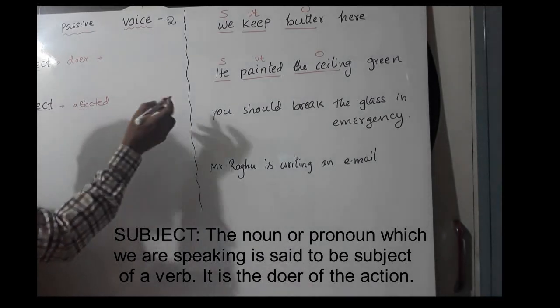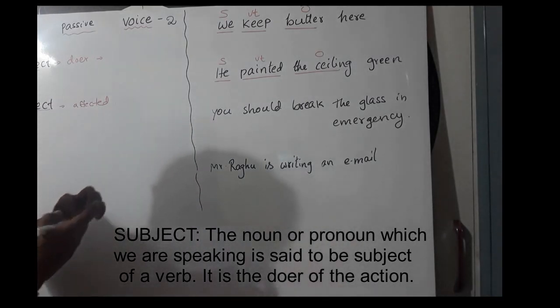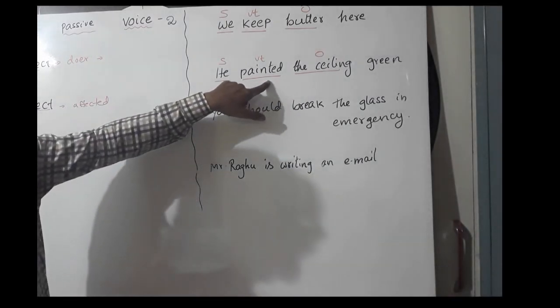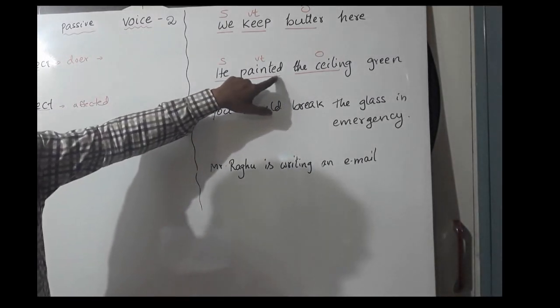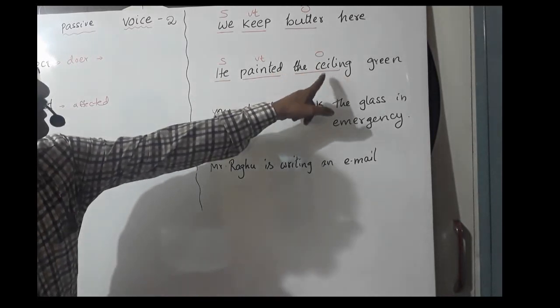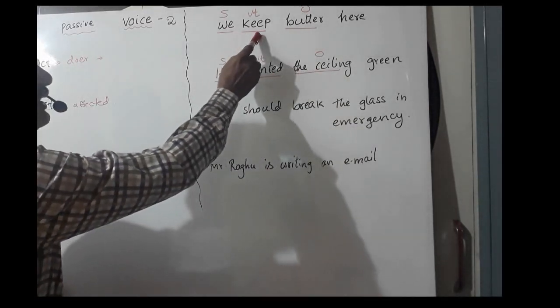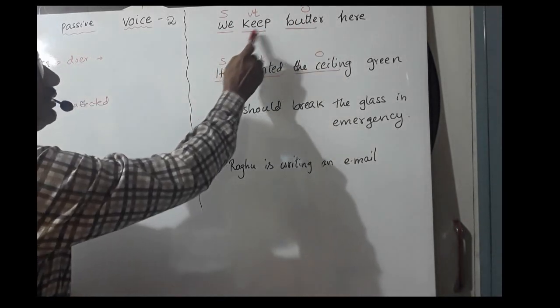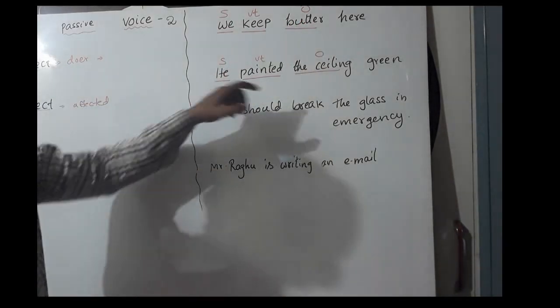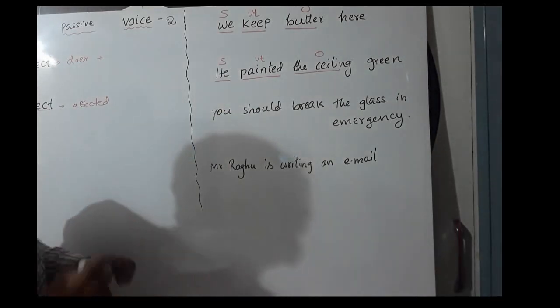The affected is called object, that which is affected by the verb. Painted. What painted? The ceiling. So this is what we call object. Keep. What we keep? Butter. So butter is an object and ceiling is an object in this sentence.